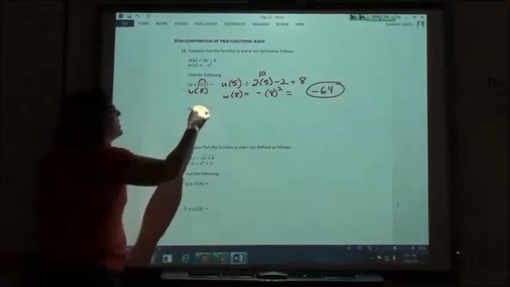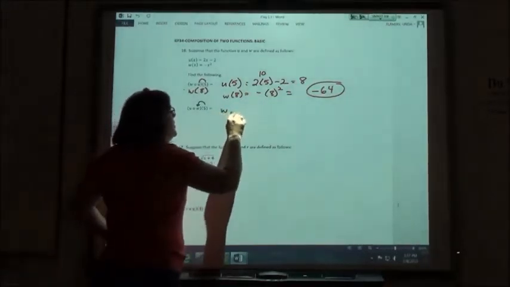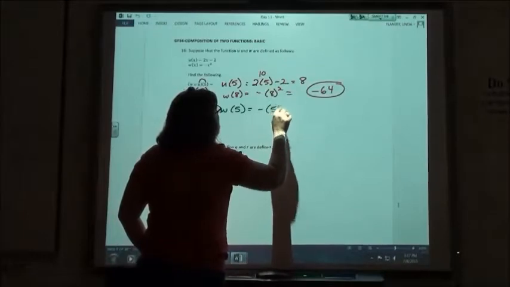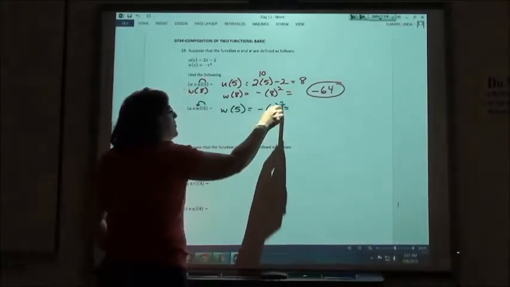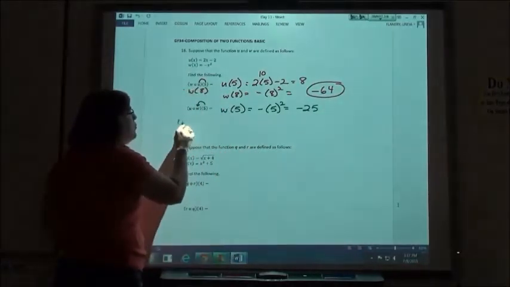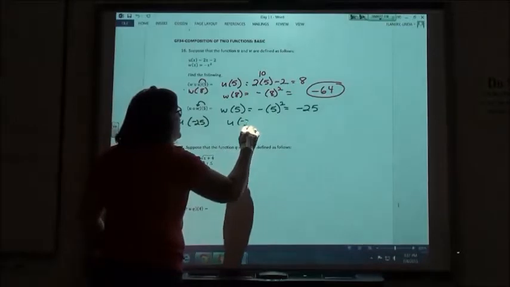The next one starts out and says I'm going to do the w of 5 first. So w of 5 means I'm going to do negative 5 squared. 5 squared is 25 and the negative goes in front. I'm then going to do u of that answer, so I'm going to do u of negative 25.